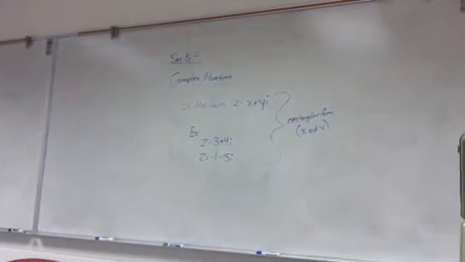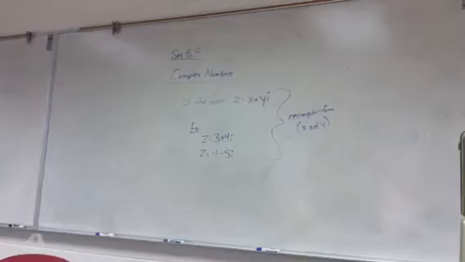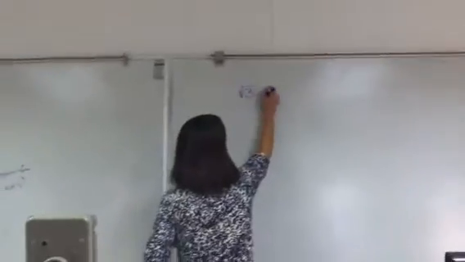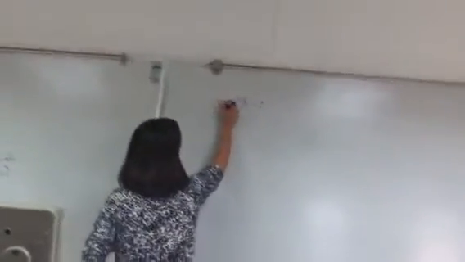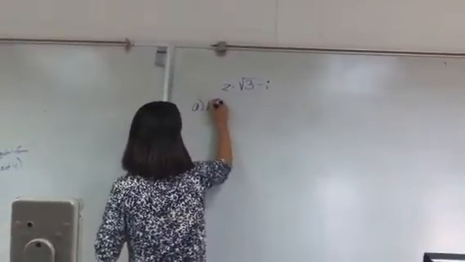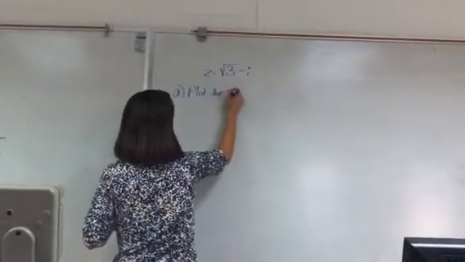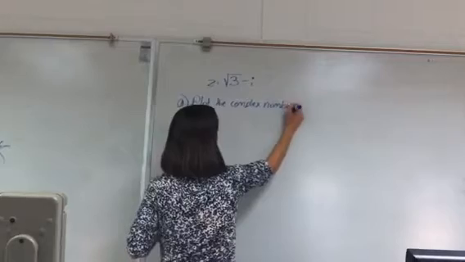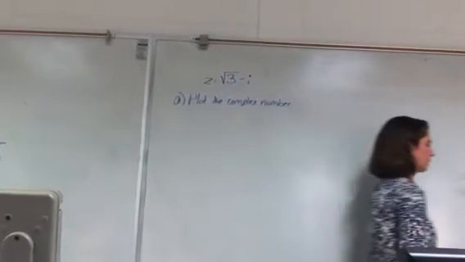So the first thing they want us to be able to do is plot these complex numbers. So they give us this one as a starting place, and they ask us to plot it.